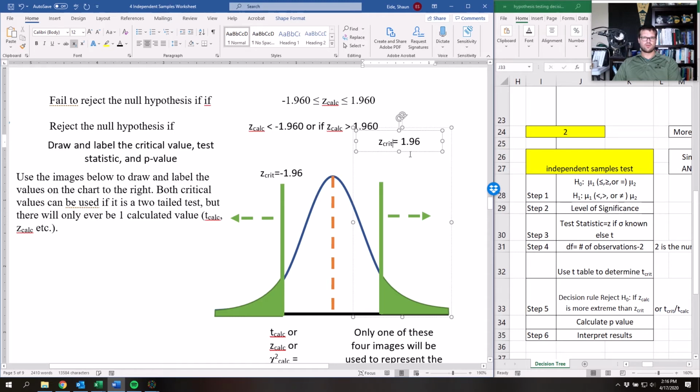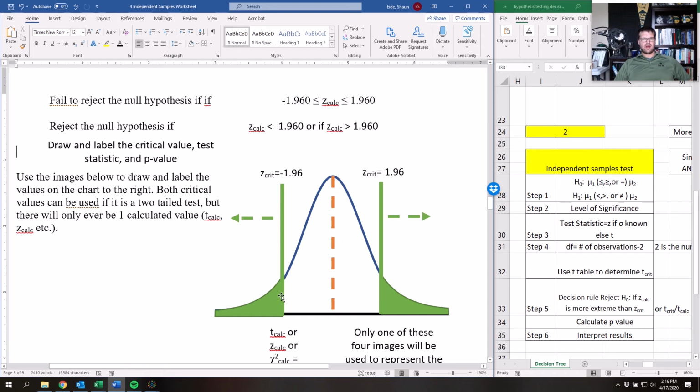And then what we have here is the region of rejecting the null hypothesis. If we have a z calculated value anywhere in the green area, then we are going to reject the null hypothesis.